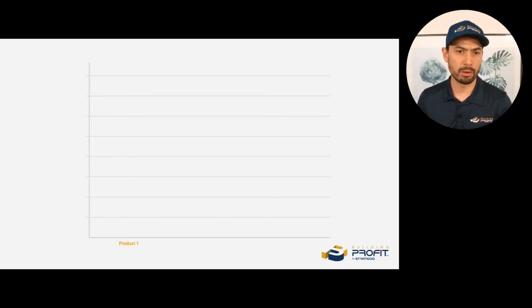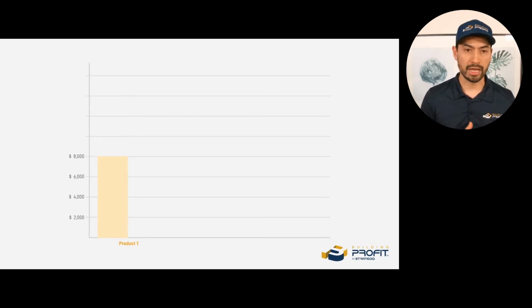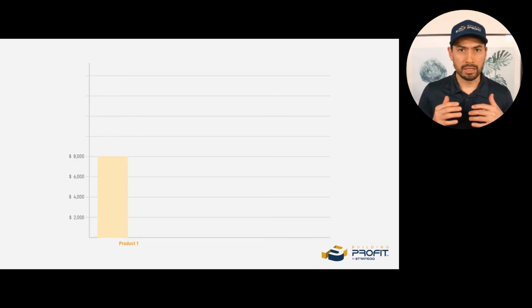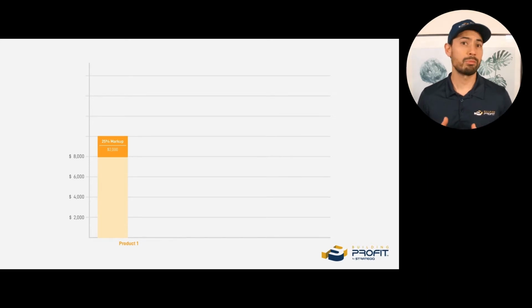The simplest way to describe it is just basically look at it like a chart. If we look at a product and say that product's worth, in this case, we'll call it $8,000, okay? And we say it costs us $8,000 to buy this product. If we're then looking at marking that product up, we might say that, hey, we're going to put a 25% markup on it, okay?